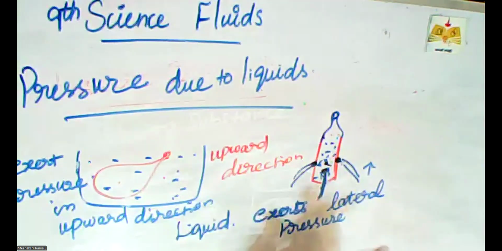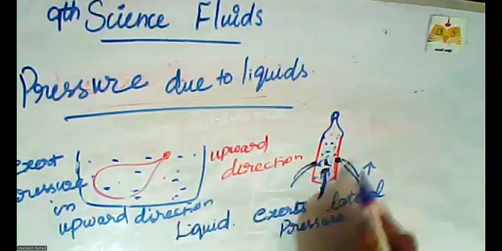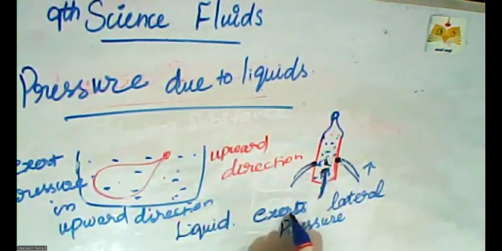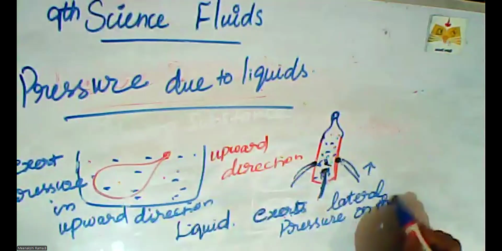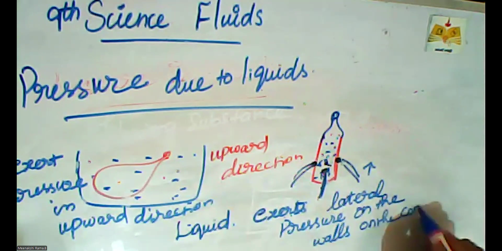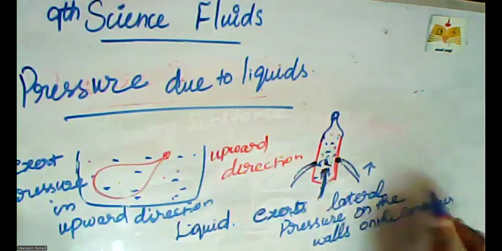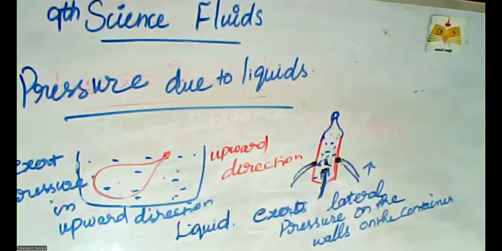At the same time, the water will come out at the same speed in all directions, because liquid exerts lateral pressure on the walls of the container. So this concept is explained with this example.